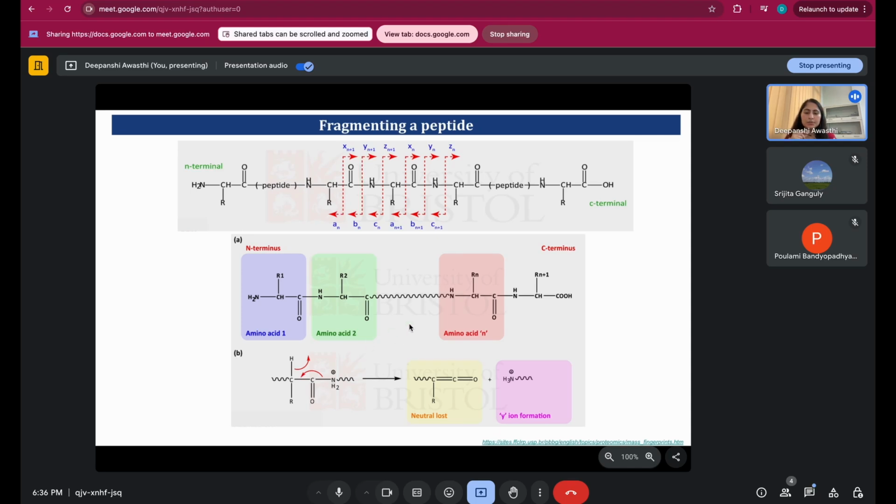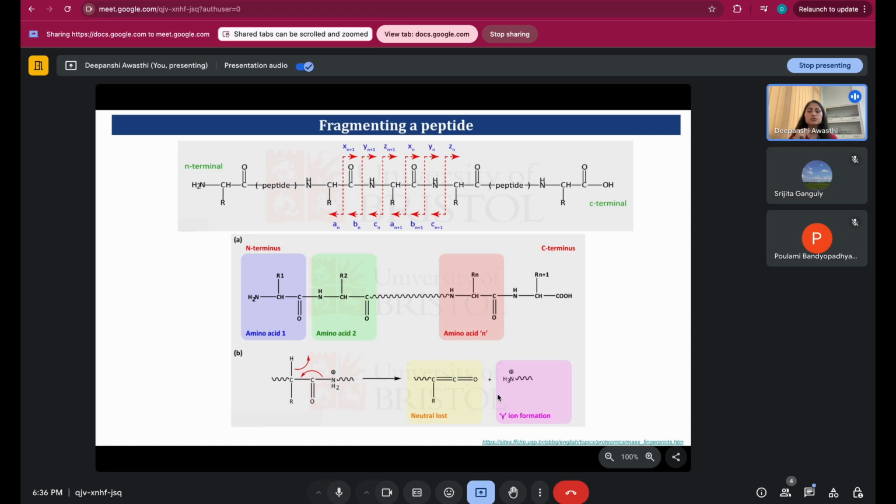Whenever there is the transfer of electrons, in this case you can see there is a neutral loss, in which the NH2 group is transferring its electron to the CC bond, and in that way the CC bond is converting to C double bond O, which was previously present. One electron has gone to the CC bond, and another electron which was present came to the nitrogen, so it has increased its valency to NH3 positive.